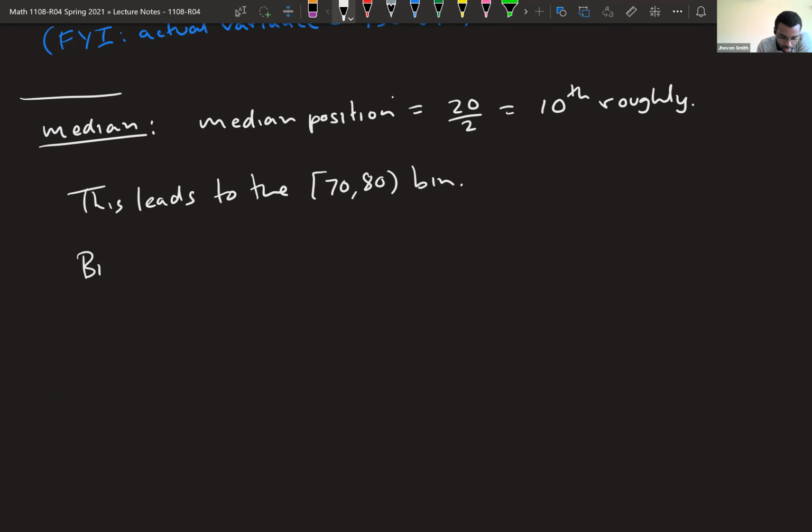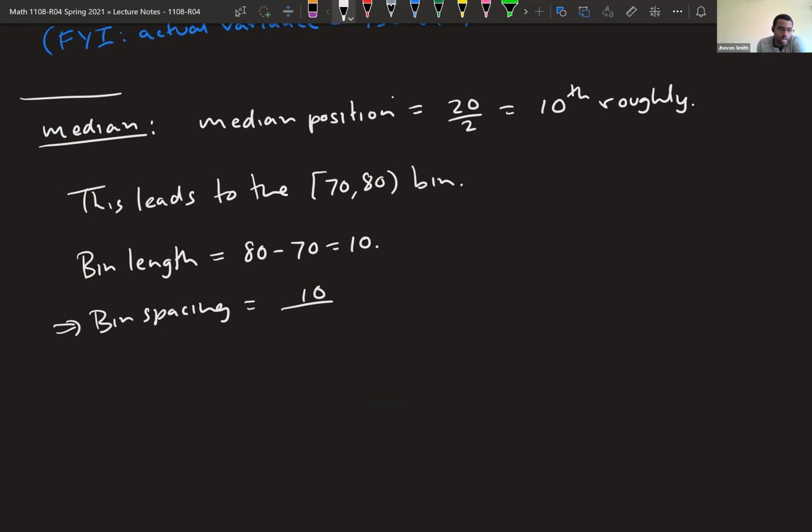The bin length is 80 minus 70, which is 10. So the bin spacing is 10 divided by the frequency in that bin, which is 5. So I have 5 values evenly split over a length of 10, which means the spacing between each is around 2. So that's your bin spacing.